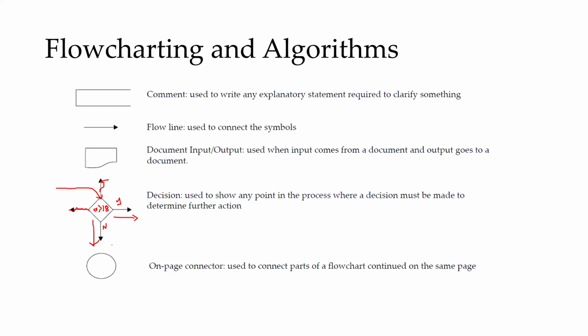So please don't add one more direction. Your answer can be true or false, yes or no, 0 or 1. You cannot add one more or two more outputs from this decision shape. You can add multiple inputs to this decision area, but your answer can be just two of them.